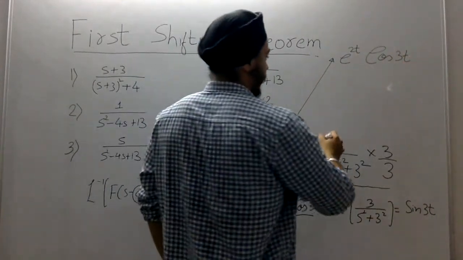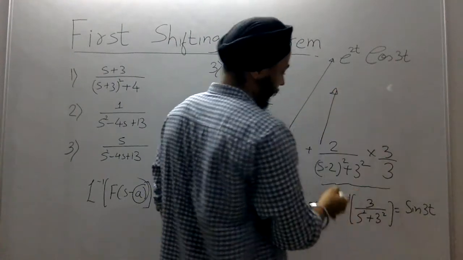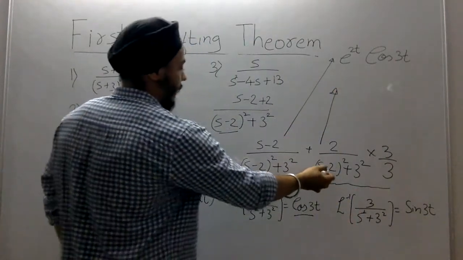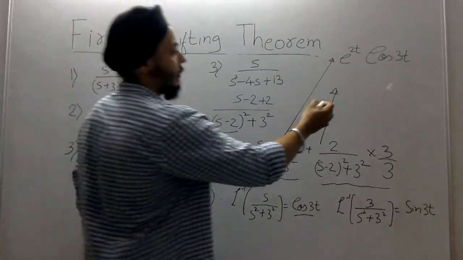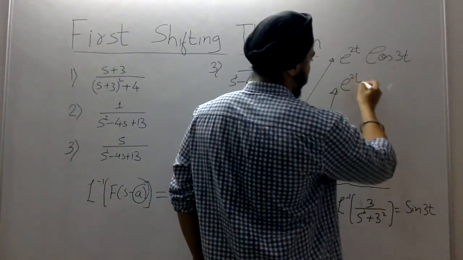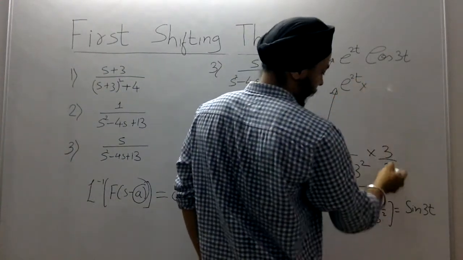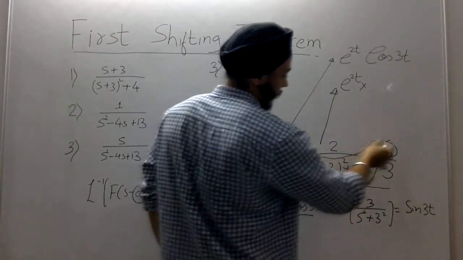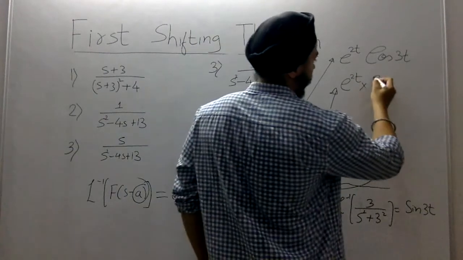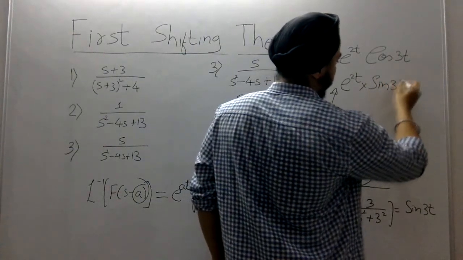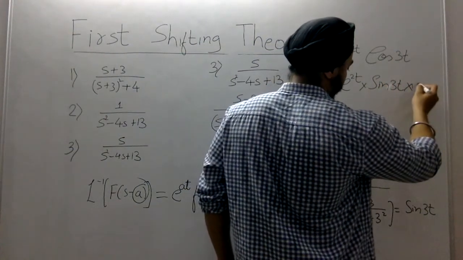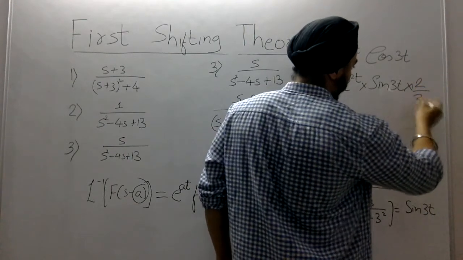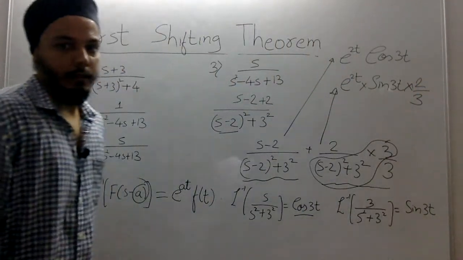And for the second function, it will be s minus 2, so from the first shifting theorem, e to the power 2t multiplied by, here 3 will become a part of this function, so this function will become sine 3t multiplied by 2 by 3.